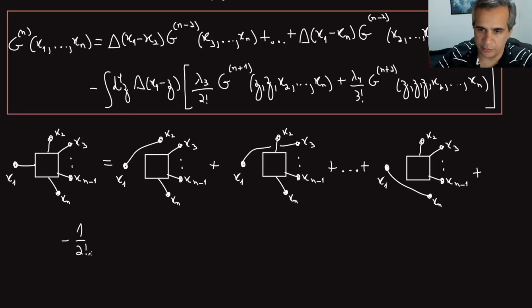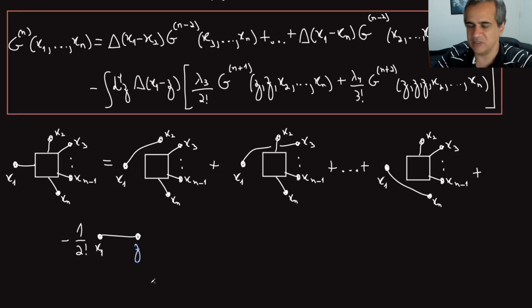over 2 factorial. I have a point that goes from x1 to Z. So there's a propagator from x1 to this point Z, which is not a real point, it's integrated over, so I could suppress it, but I'll leave it there just because it helps us see.